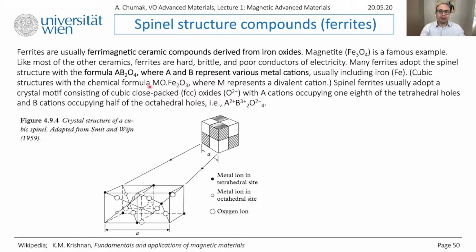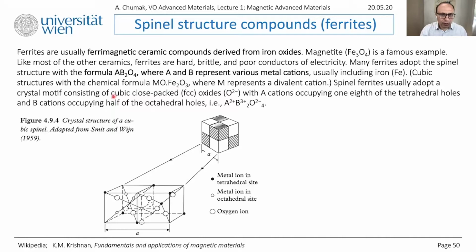Sometimes in different literature, so here is a mixture of information from Krishnan and from Wikipedia. Krishnan, for example, represents this formula slightly differently. He puts MO as one part of the chemical formula, then Fe2O3, and M here represents a divalent cation. Good. What about the crystallographic structure?